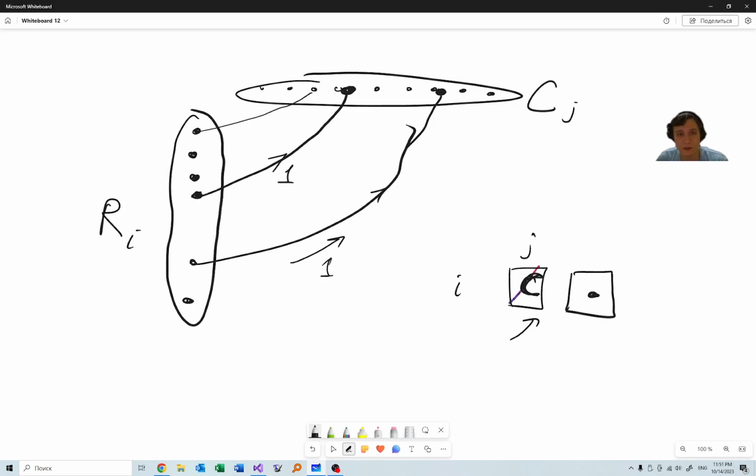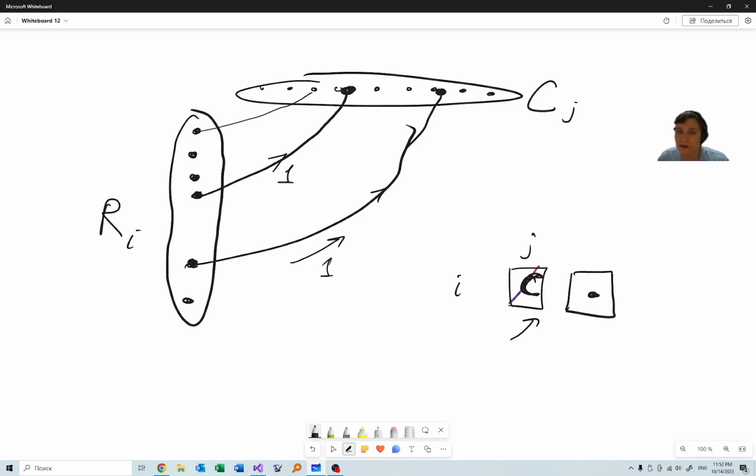Dot means that we can direct 1 unit of flow or 0 units of flow. This means just an edge. And there is also some sort of mandatory edge, which forces you to direct 1 unit through it.